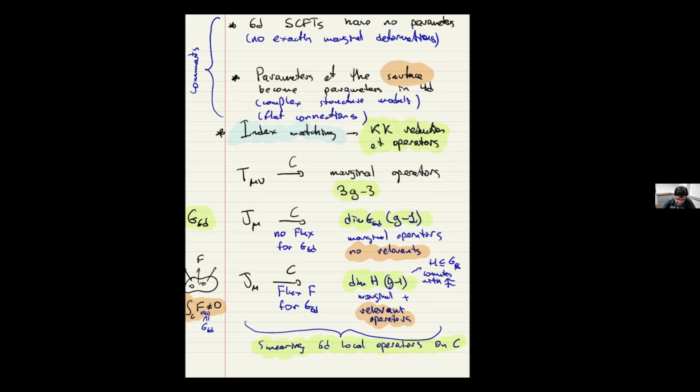So the next thing I want to discuss is, okay, we understood, or we discussed how to predict 't Hooft anomalies of various symmetries in 4 dimensions by integrating the anomaly polynomial. What about an analog of matching the indices, some protected information about operators in the 4-dimensional theory?